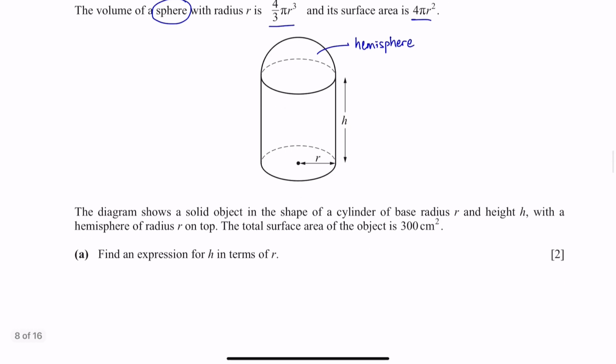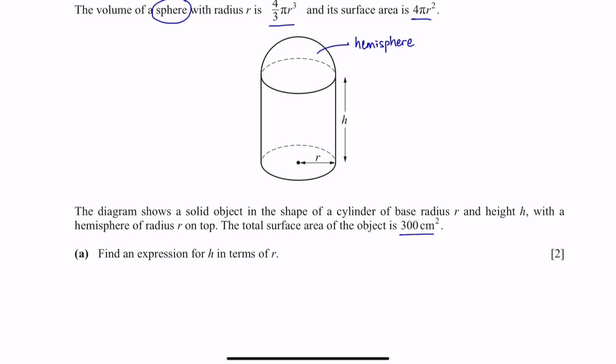So for this model over here, they tell us the total surface area is 300 cm squared. For part A, we need to find the expression for h in terms of r. So we have this fact over here, so we can calculate the surface area.